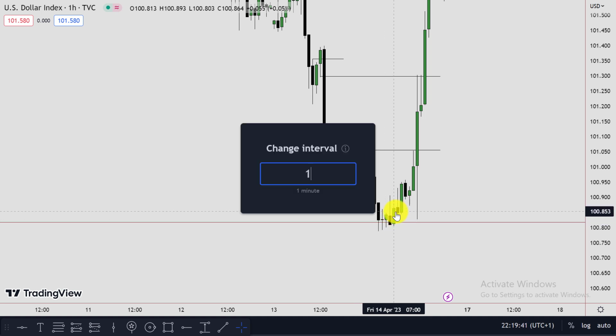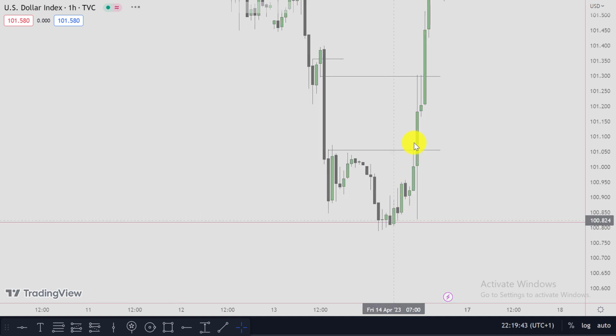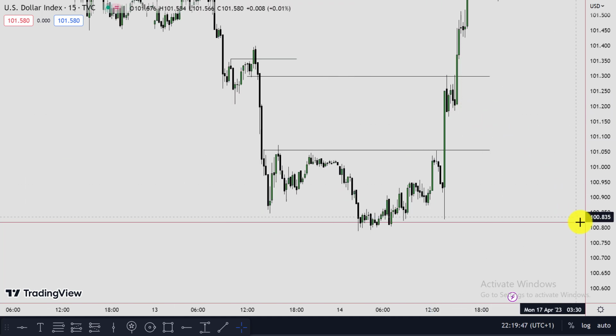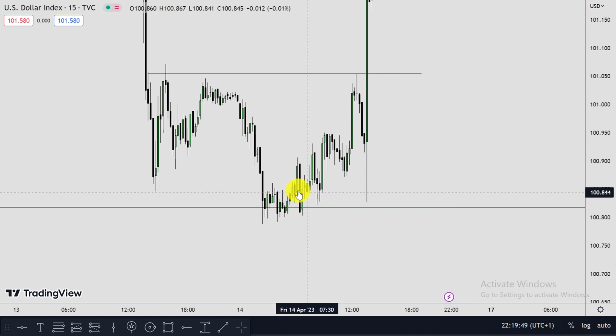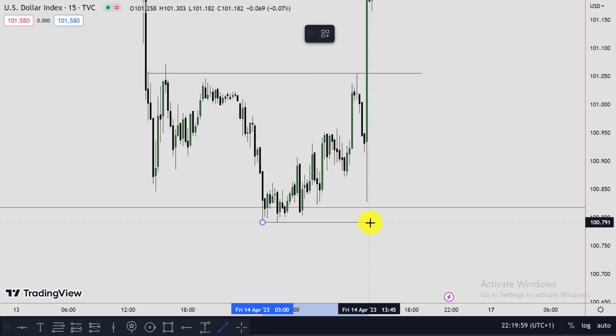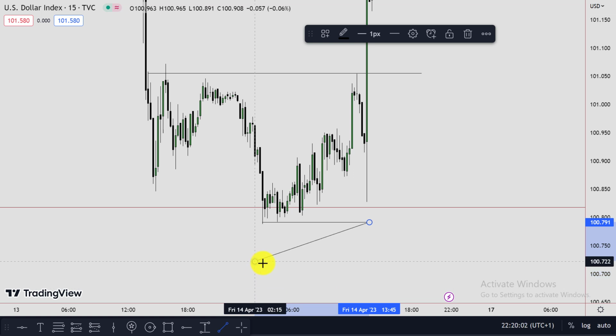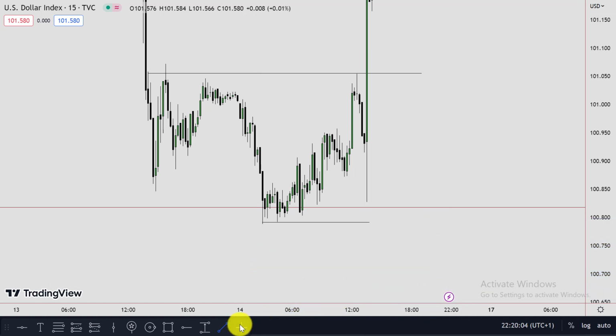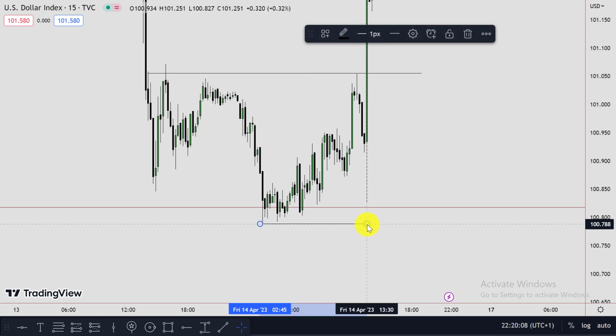So check the 15 minutes time frame. It was on the 15 minutes time frame that I saw that the dollar had already broken structure to the upside. This was Asian session today. Look at this, I'm trying to show you SMT divergence here.